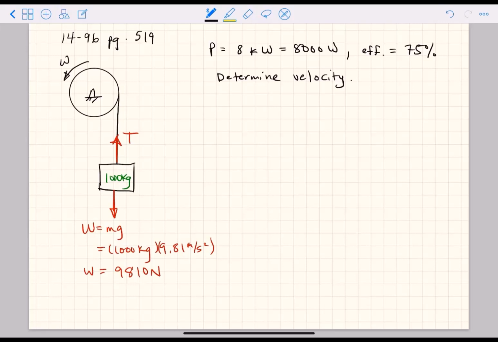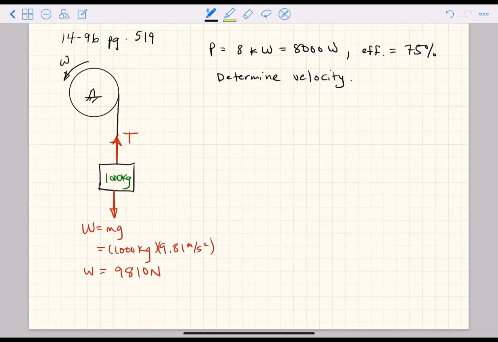This one isn't very clear to me because it says it's powered by a motor with 8 kilowatts, but it also says 8 kilowatts of output. So you could say, well, that's the output. Do we even need the efficiency? Because we care about mechanical output. We don't care about mechanical or electrical input.